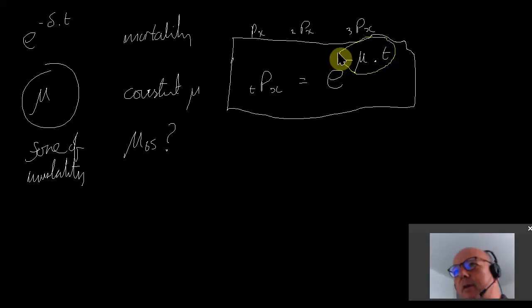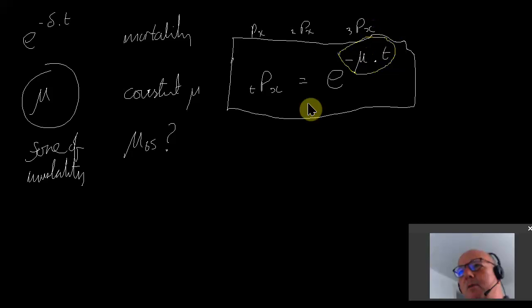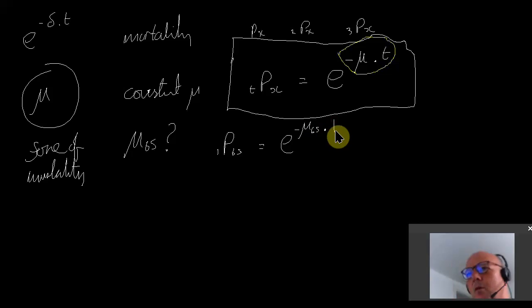That's where you get your exponential decay. So don't start remembering the formula in log 1 minus this or that. You can do the algebra to work that out. You don't need to remember that. All I've got to remember is that the mu goes there. In that case, if I want mu 65, then I must be dealing with 1p65. The probability of surviving 1 year is e to the minus mu 65 times the time, which is 1.